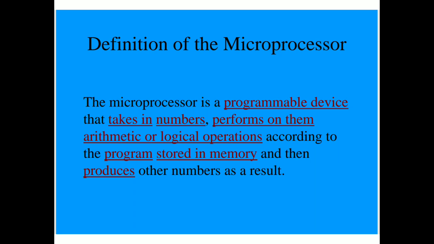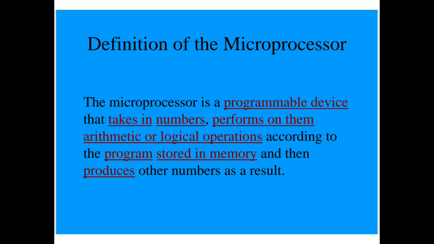Next, what is instruction? Each microprocessor is designed to execute a specific group of operations. This group of operations is called an instruction set. This instruction set defines what the microprocessor can and cannot do. So the next underlined word is takes in.